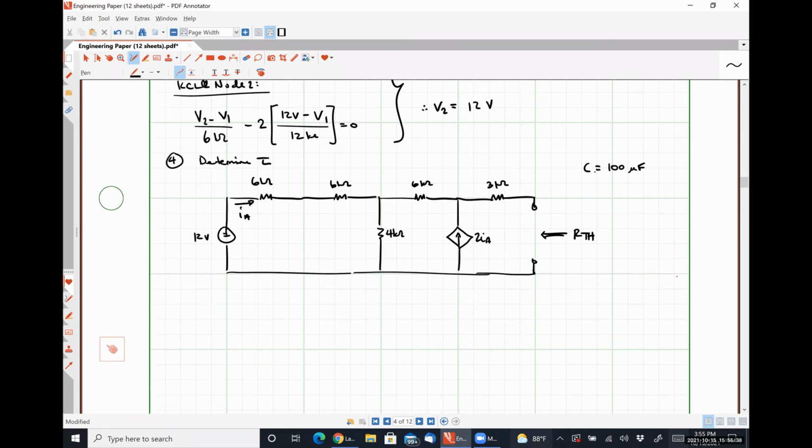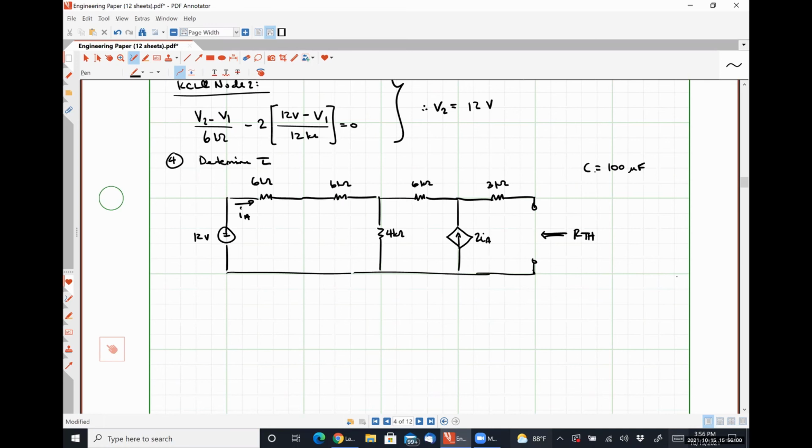What do you guys think will be easier to do? Apply the test source method to this guy, or just calculate the short circuit current by shorting out the terminals where the capacitor was? Because it's pretty simple mesh analysis.